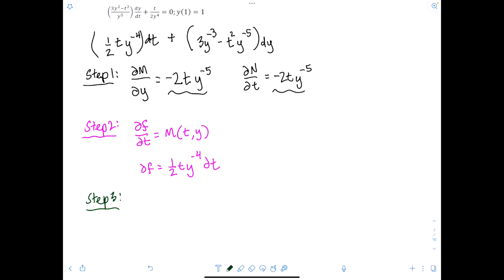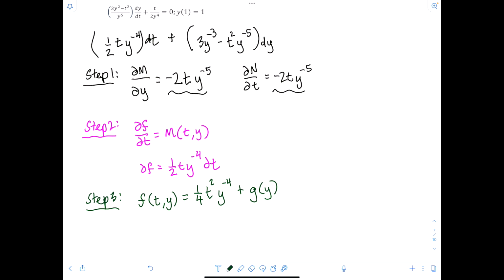So when I evaluate the integral of both sides, I will get f of t and y is equal to, let's see, I'm integrating with respect to t, so I believe we'll have 1/4 t squared y to the negative 4, and then plus some constant g at y.